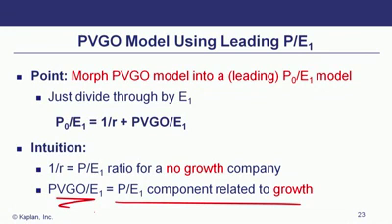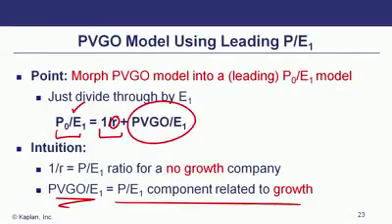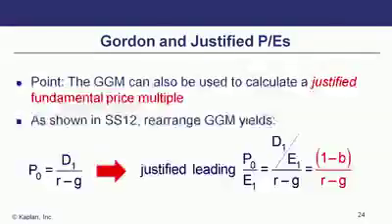So, good exam question. You're given the leading PE, you're given a required return, and you're asked how much of that PE ratio is attributable to growth. Well, work out 1 over R. You know how much that is. You can work out PV-GO over E1. It's good stuff.